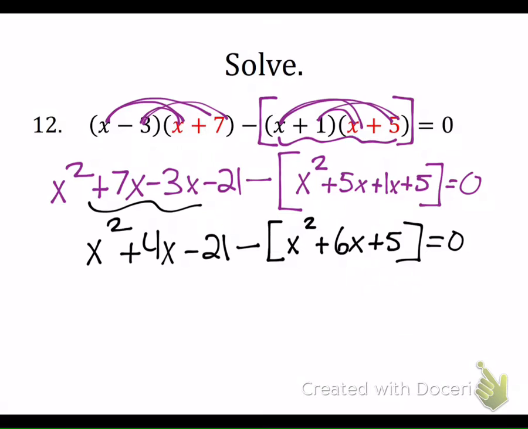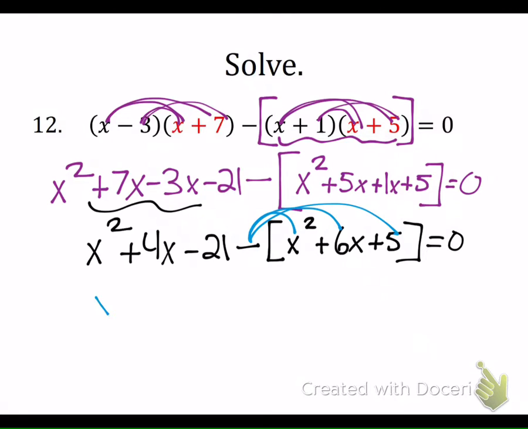Why is this significant? Why do I keep putting such emphasis on these brackets? I am not just subtracting the x squared. I am subtracting the x squared and the 6x and the 5. That whole back trinomial, which used to be two binomials, is being subtracted from that first trinomial.